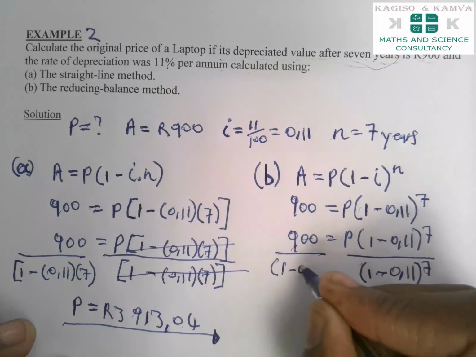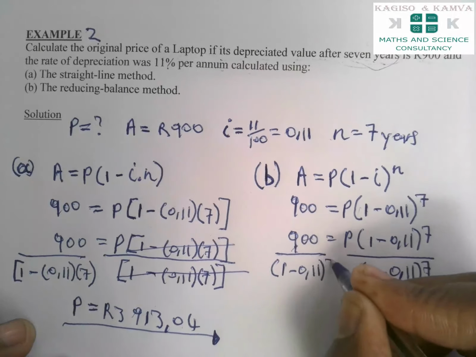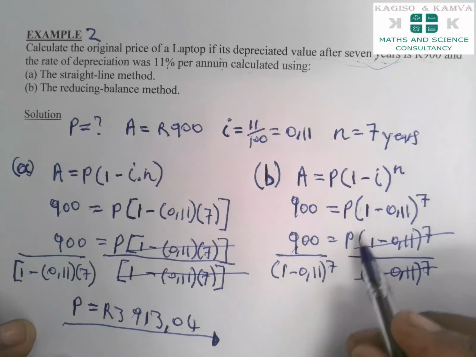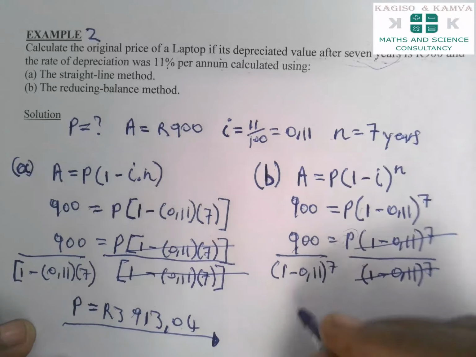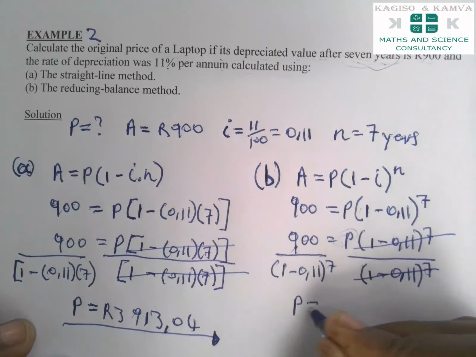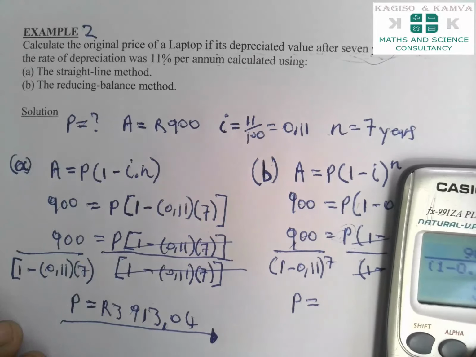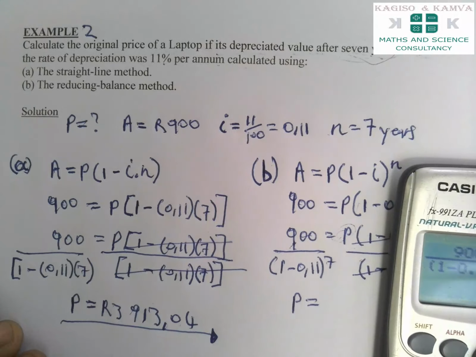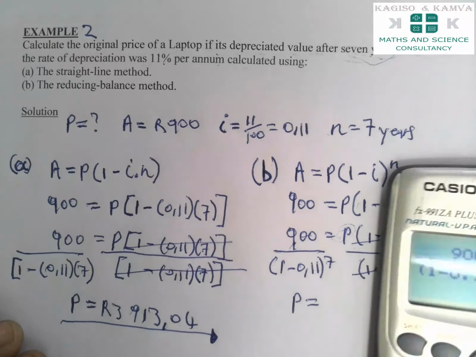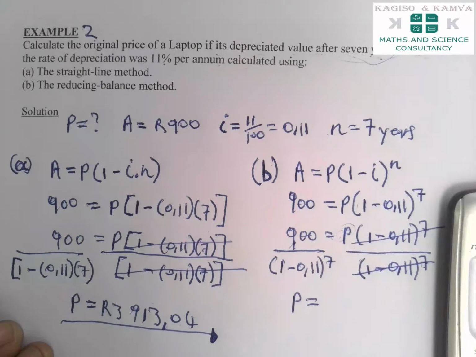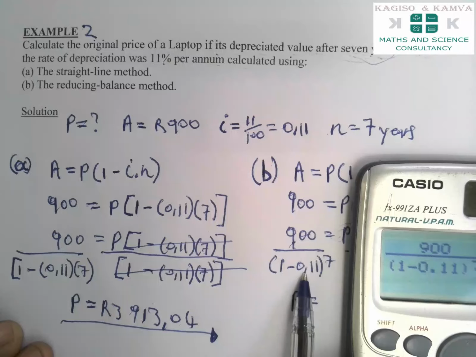So this cancels that. We are now left with P, which is equal to that. So P, which is the original value of the laptop, is going to be like this, which is what we have there.